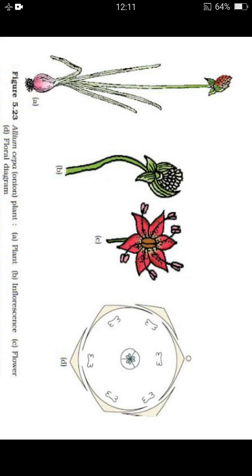Understood? So now another important event in this Liliaceae family, the last one, it is nothing but economic importance. Let us see. Many plants belonging to this family are good ornamentals. What is meant by the ornamental category? They are useful for decoration. That's why they are called ornamental flowers.